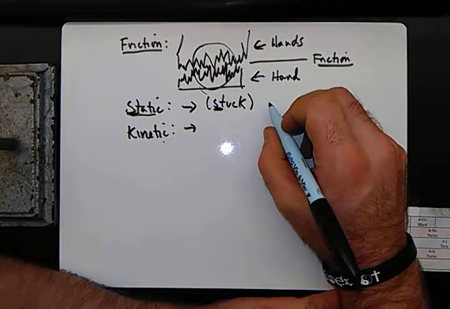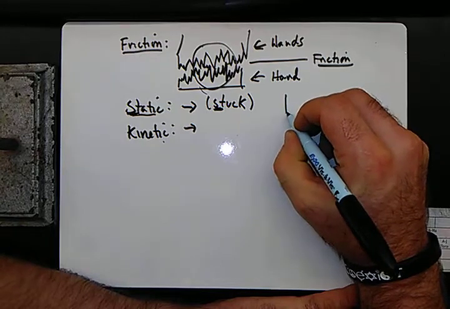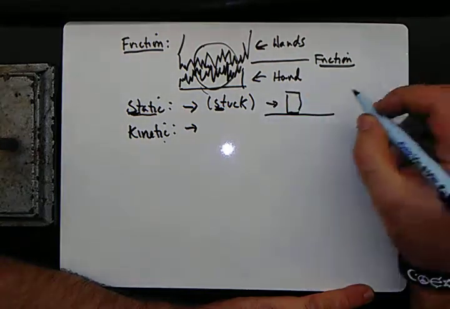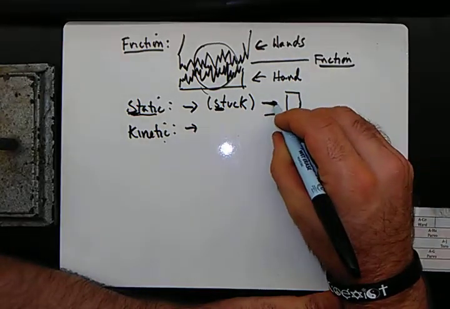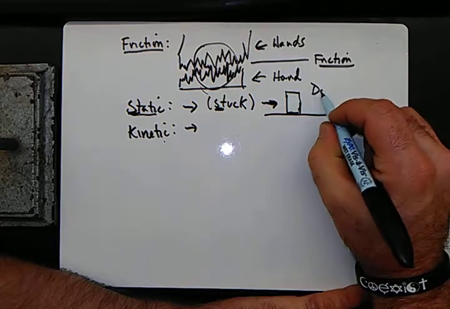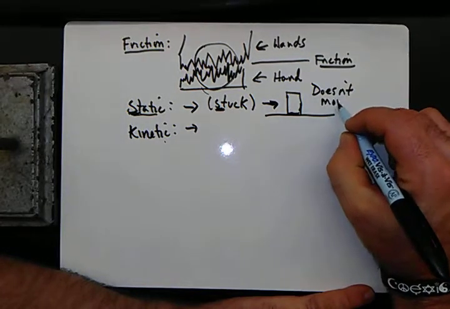A situation with static friction is if you're pushing on a box like this, and you've got a force on it, and the box does not move.